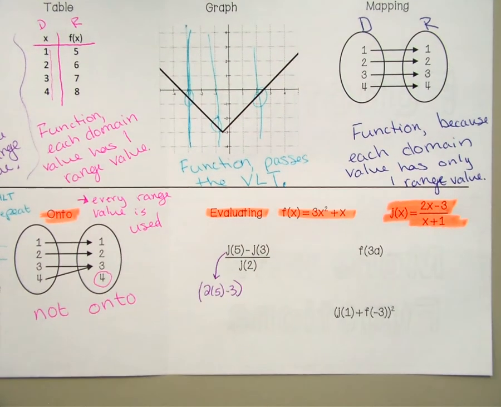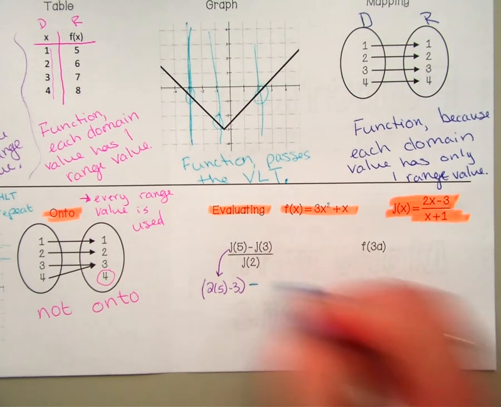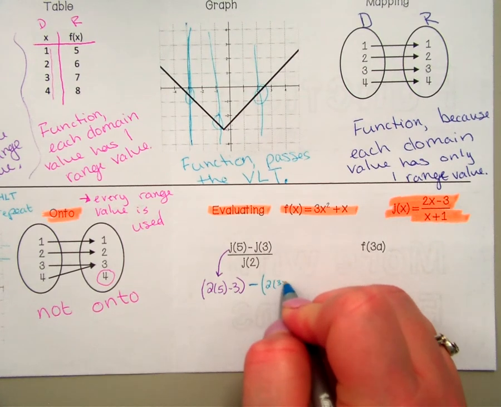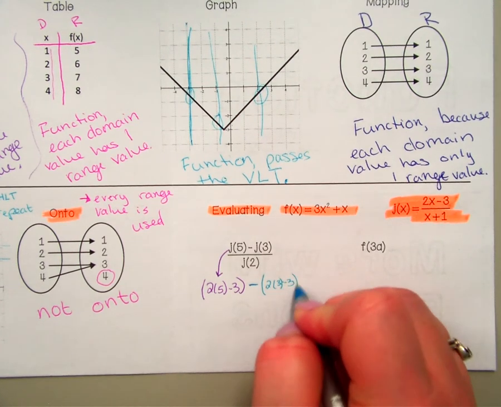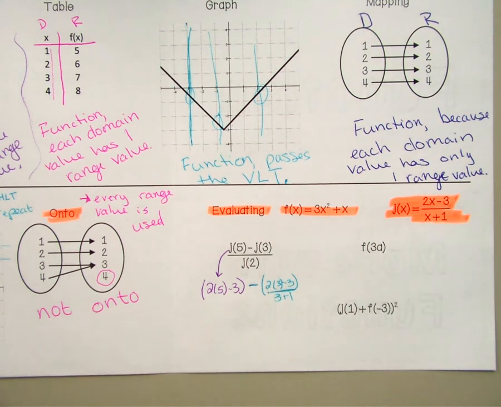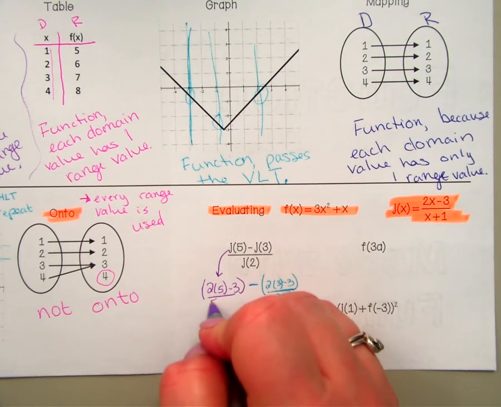That's my j of 5. And then it's going to be minus j of 3, which would be 2 times 3 minus 3 over 3 plus 1. I just realized I forgot my over 5 plus 1 here.